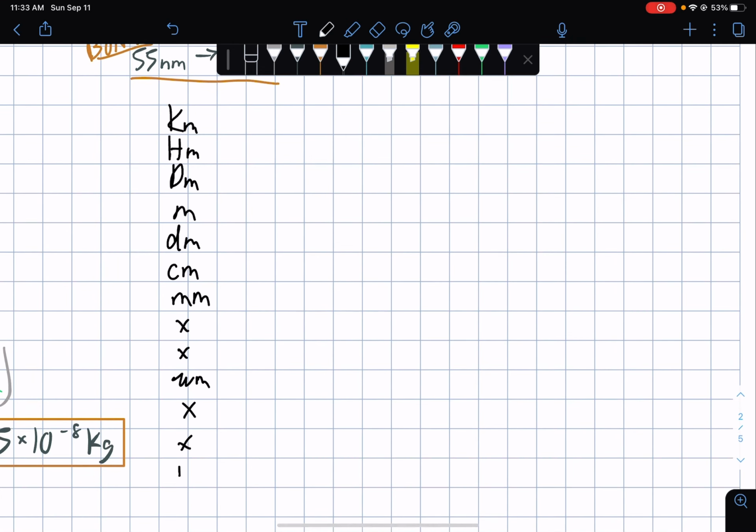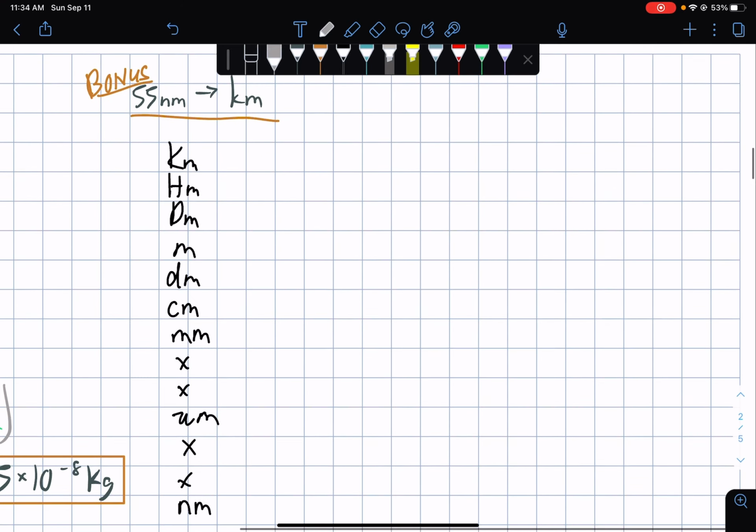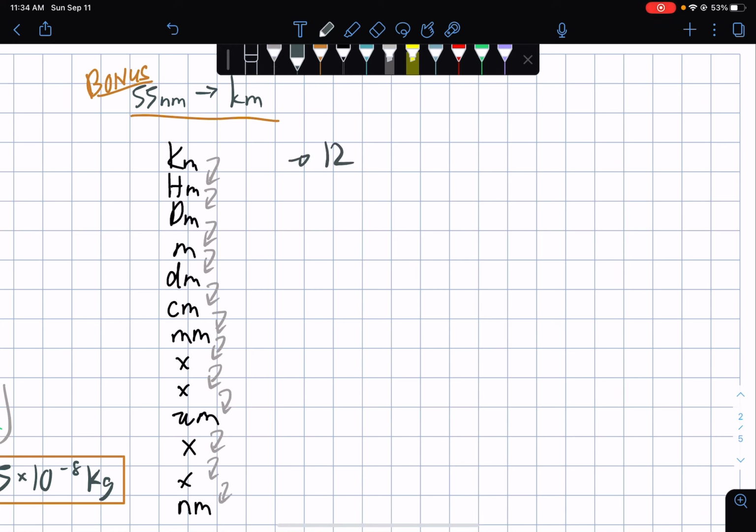Two more values, and the one at the very bottom is nanometer. So all the way from kilometer: 1, 2, 3, 4, 5, 6, 7, 8, 9, 10, 11, 12. I am pretty confident that it is 12 zeros in distance.